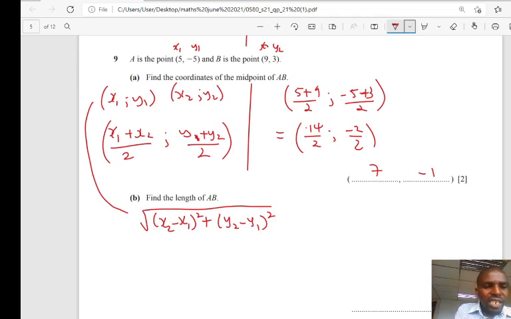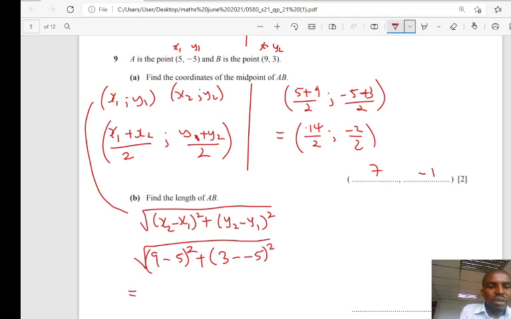Square root of x2 is 9 minus x1 is 5, squared, plus y2 is 3 minus y1 is minus 5, squared. Then from this you can simplify. 9 minus 5 is 4. 4 squared, 16.